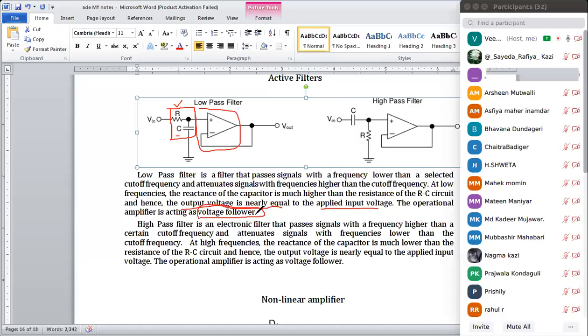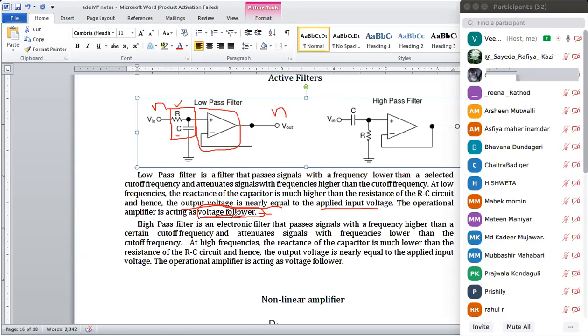Voltage follower is the term we use when the output is the same as the input. For such a configuration or circuit, we call it a voltage follower.